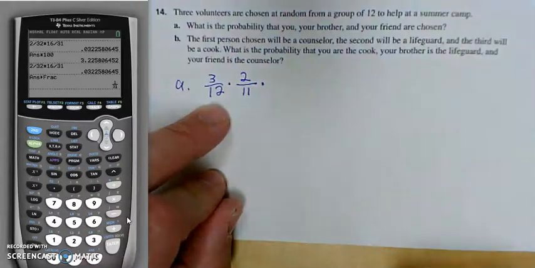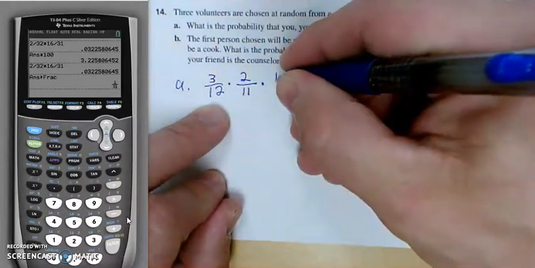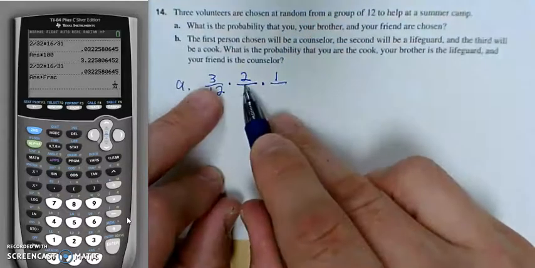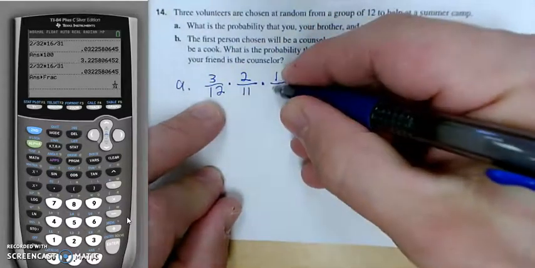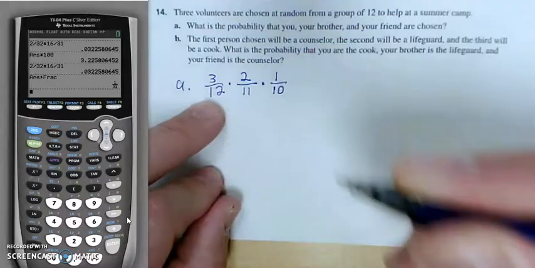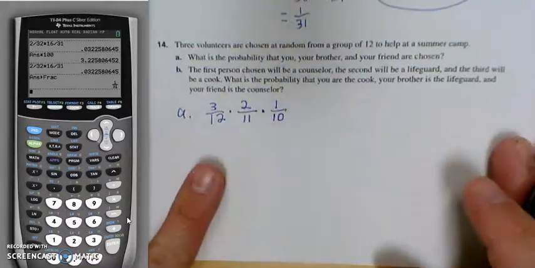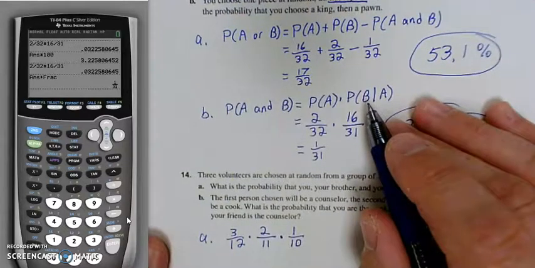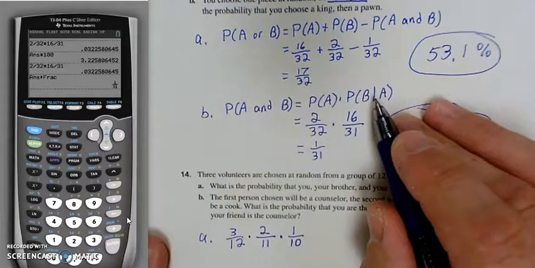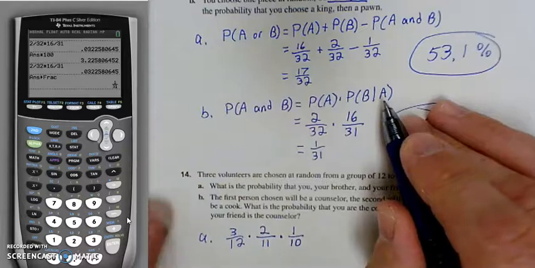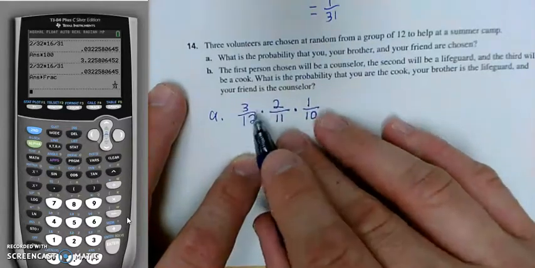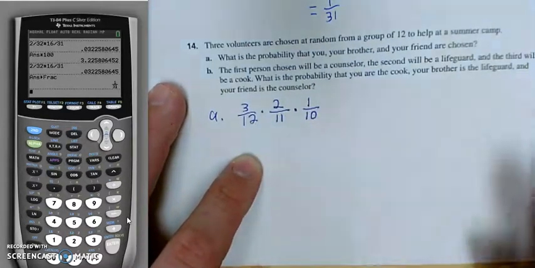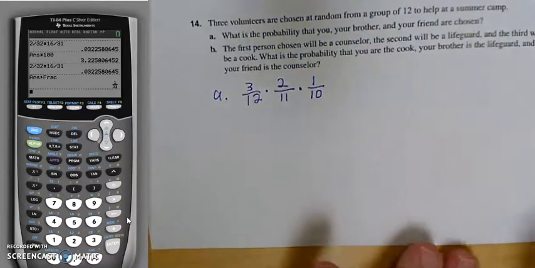And for the third draw, there would now be only 1 person, assuming the first 2 happened, out of now only 10 people remaining. This is related to what I just wrote down a little bit ago, dealing with the chess pieces, that you're considering that the first event happened, and on this last one, we're considering that the first 2 events did happen. So it's really just a chain reaction.